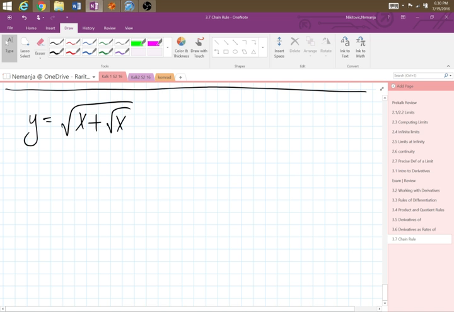So I hope you rewrote this with 1/2, because it's much easier to solve it as you rewrite it. So what's the derivative?